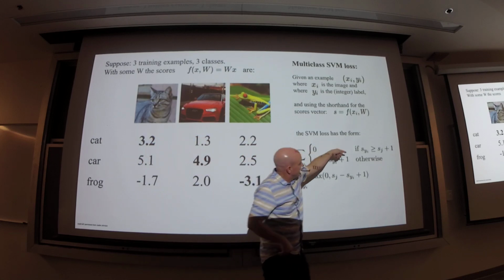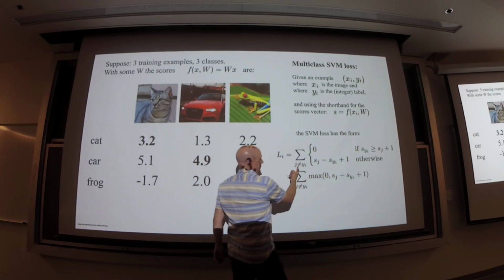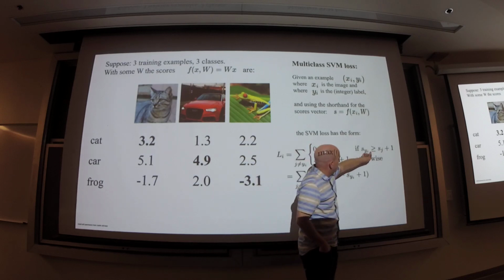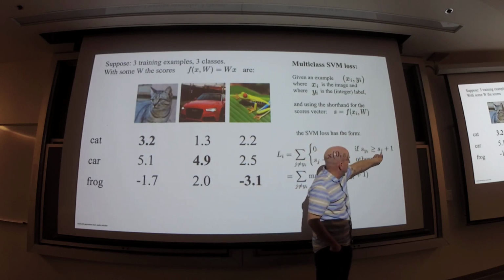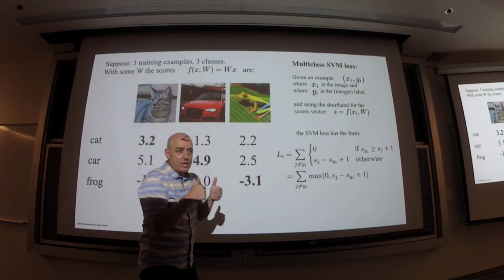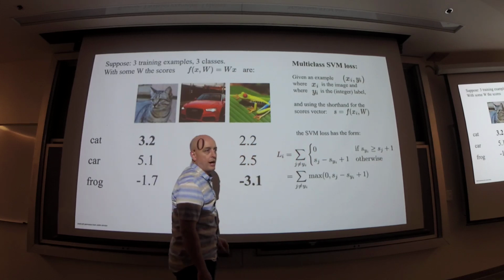If the score of the correct class is greater than or equal to the score for the jth, incorrect class plus 1, then that makes a contribution of 0 to the loss.